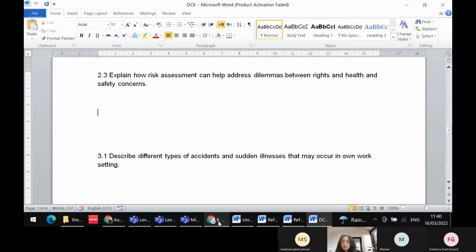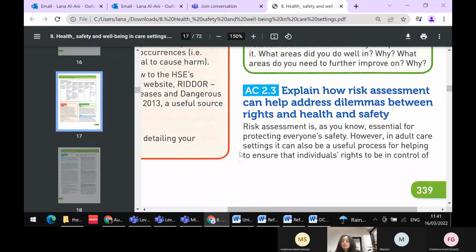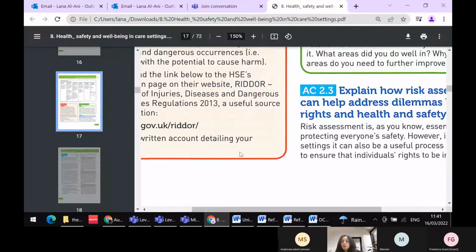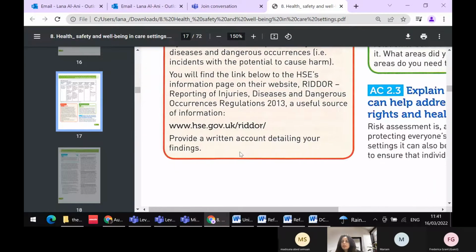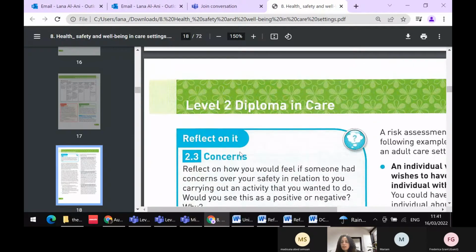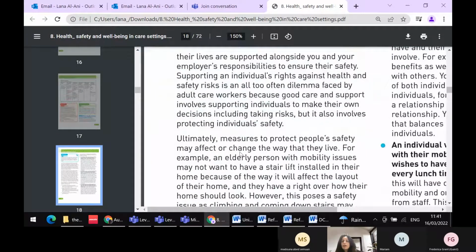Can you think of a way that the risk assessment will help to monitor this dilemma between the right of the individual and the concerns we have? So for you as a care worker, you have responsibilities towards the people you care for.